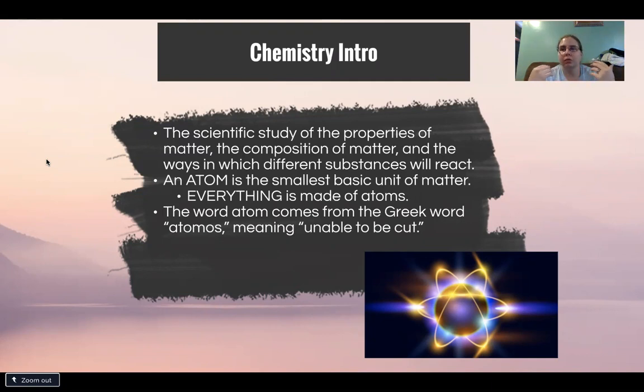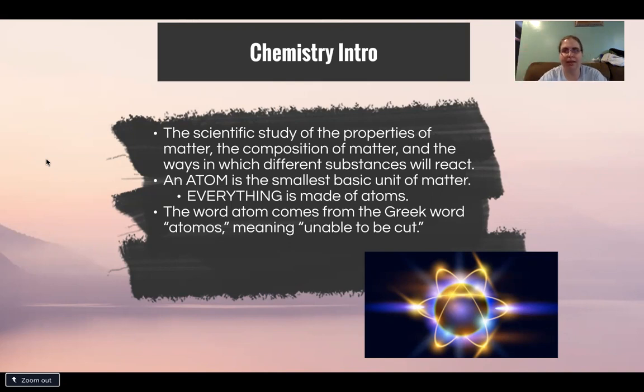So breaking that down, it means that we look at the properties, so the different characteristics of stuff. What makes water act the way it does? What makes this table act the way it does? What makes air act the way it does? The composition of matter. So what is the stuff made of? What is air made of? What is the table made of?